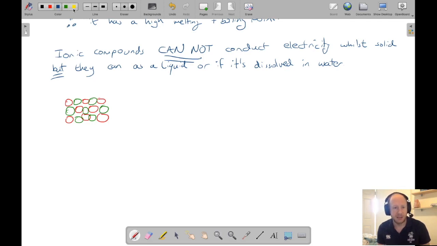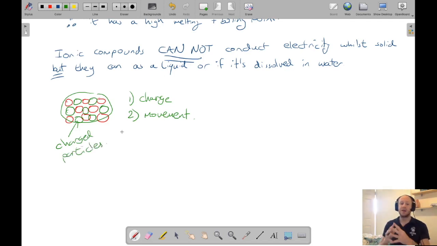Now, electricity needs two things. First thing you need for electricity, you need charge. And the second thing you need, you need movement, because electricity is a movement of charge. Now, here, these particles are charged. They're ions, so they are charged particles.